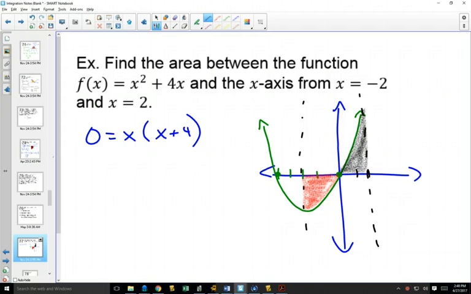One of them is going to be negative. One of them is going to be positive. It's obvious from your graph that the red one's negative and the black one's going to be positive.